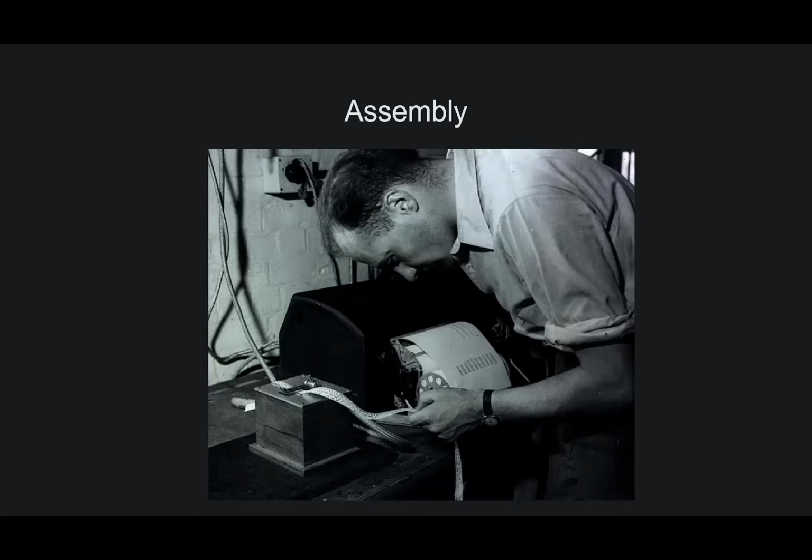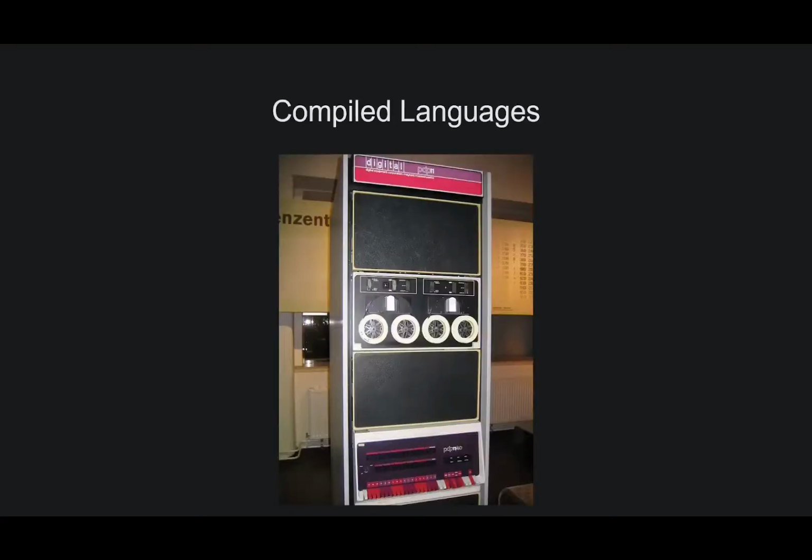So that brings us to the first solution to this, which was compiled languages. Now this handsome devil is the PDP-11. It's beautiful, isn't it? And this is what C was written in. So C was not the first compiled language, not by a long shot. There was Algol, which was written in the late 50s.